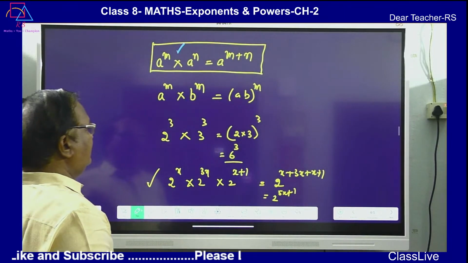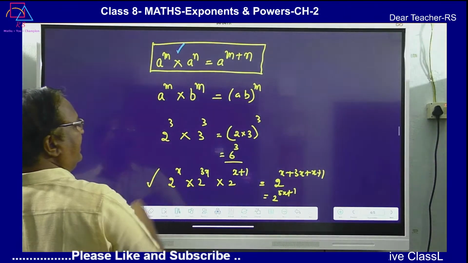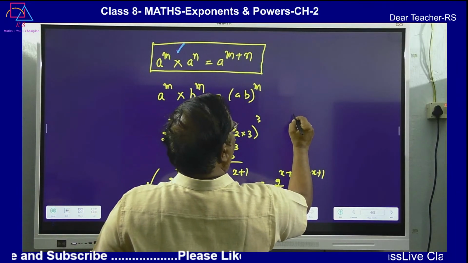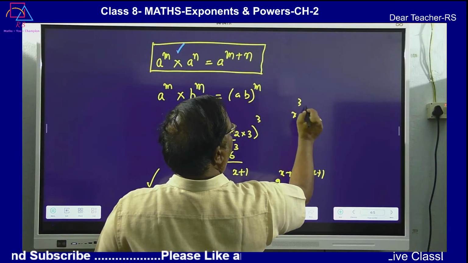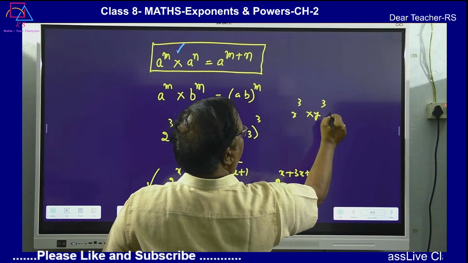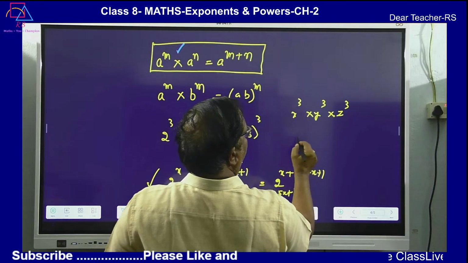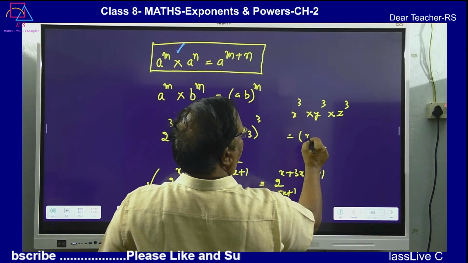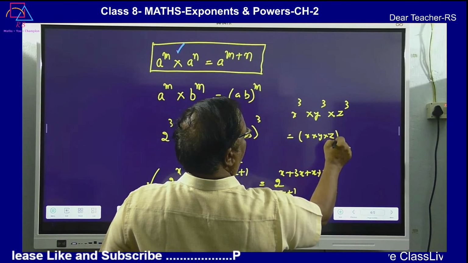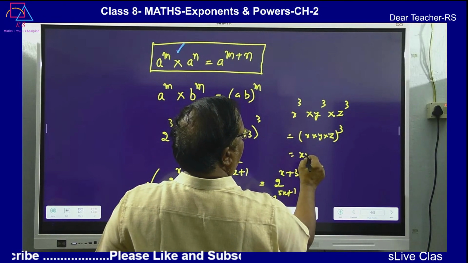Okay. So now what happens in the second formula? That means x to the power of 3, y to the power of 3 and z to the power of 3. In all the three things, power 3 is there: x into y into z whole to the power of 3, which is equal to (xyz) cubed.